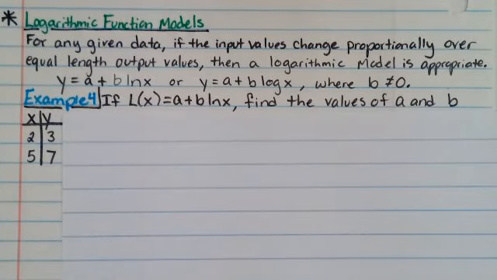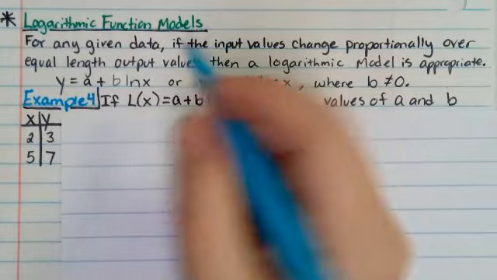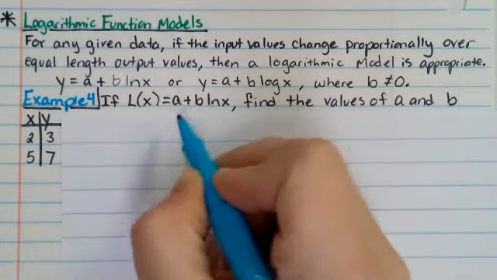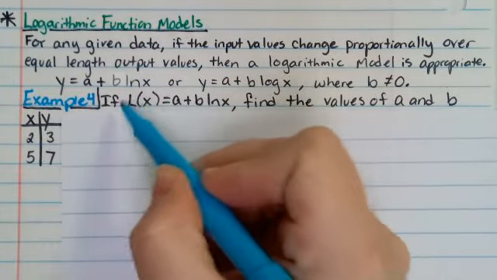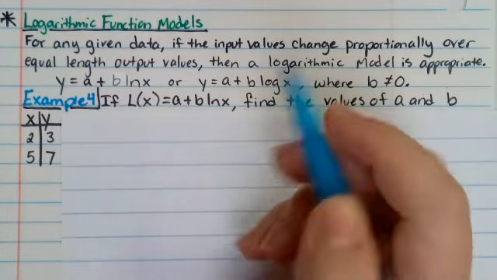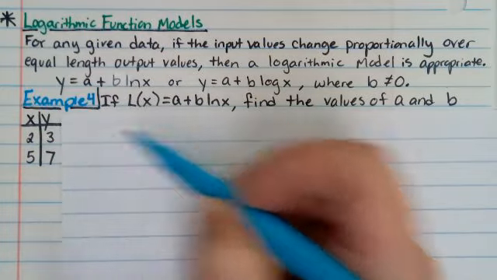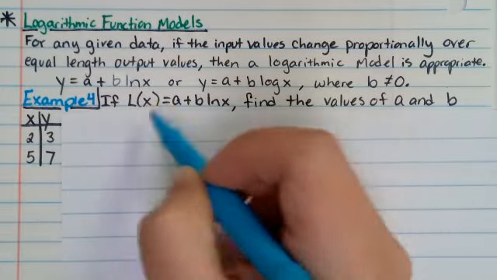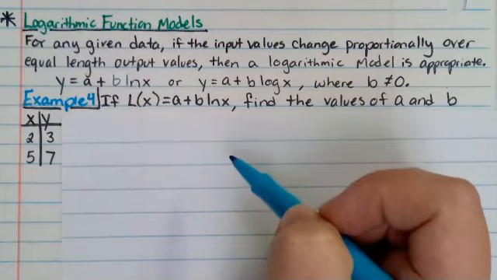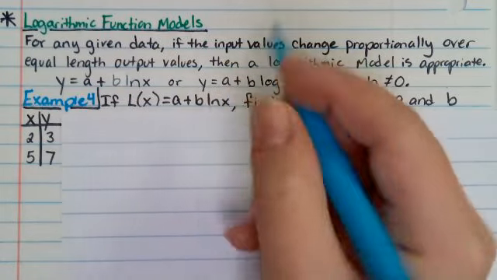All right, so here we go. I'm going to use this equation that we see up here, but what I want you to remember is that when you see L of x, that stands for a y, right? So we're going to plug our x and y from one point into this and set up an equation there, but then we'll do the exact same thing with the other point.